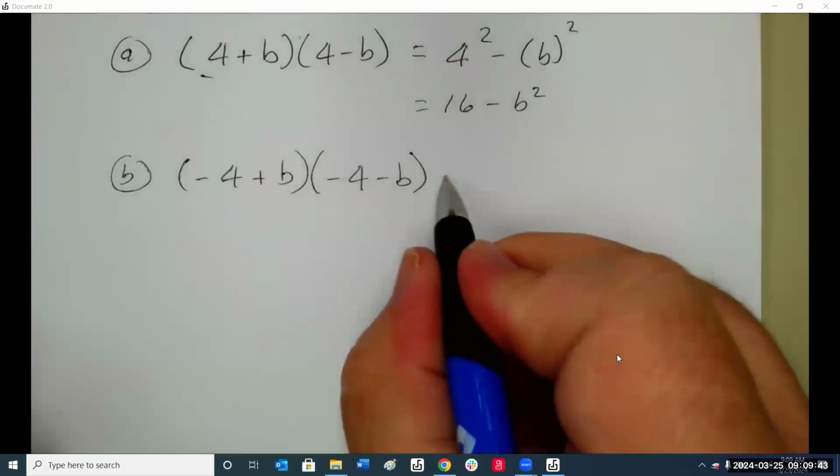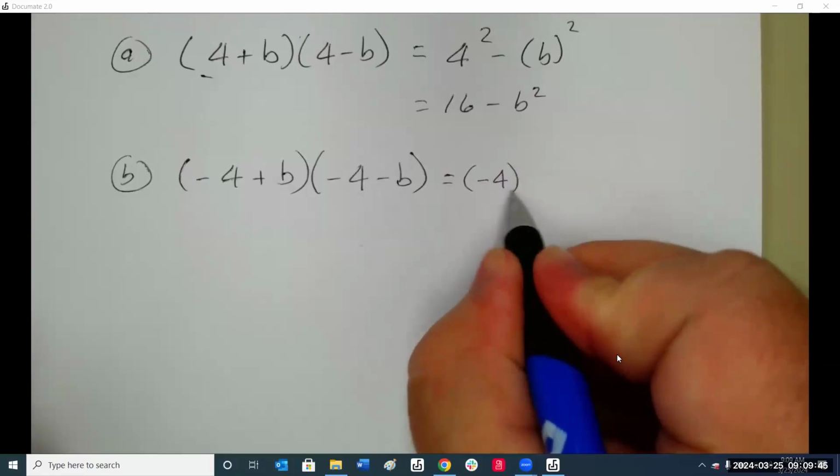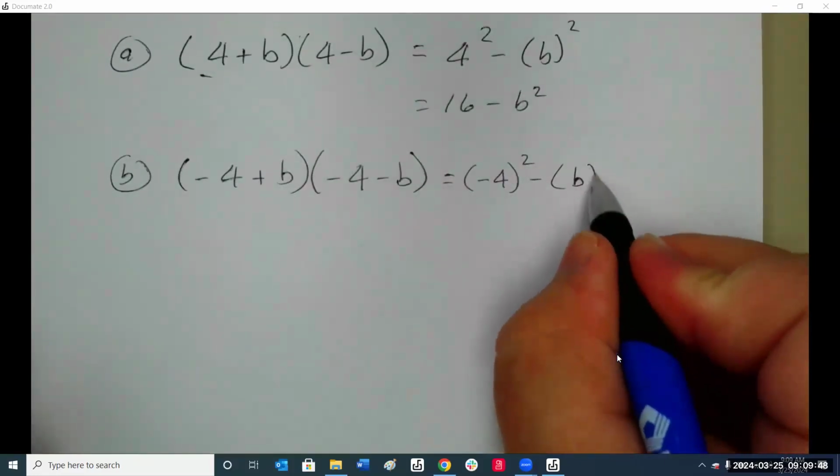Exactly. Yes, very good. So it's negative 4 squared minus b squared.